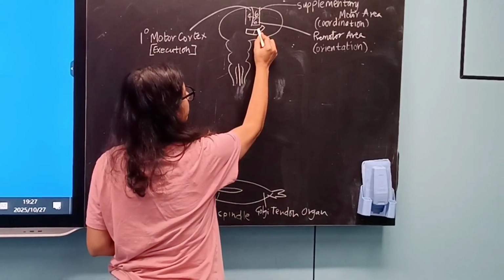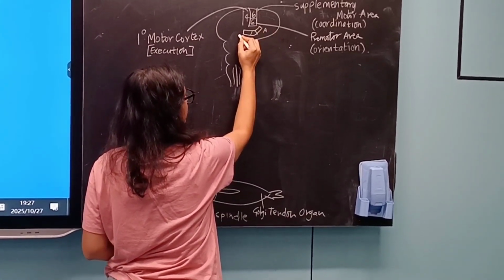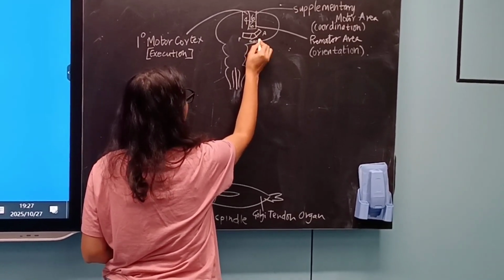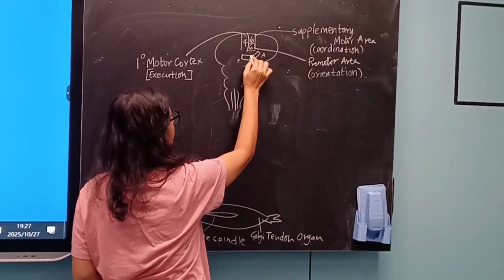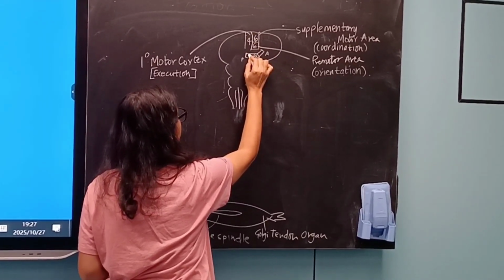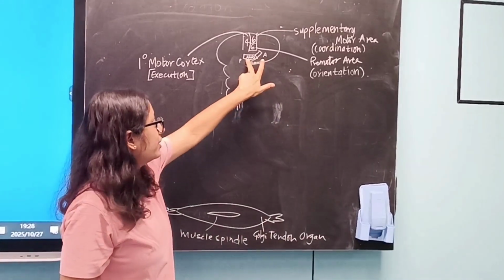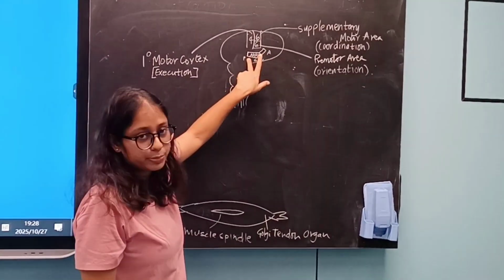Now in this internal capsule, this is the anterior part, this is the posterior part of the internal capsule, and this is the genu of the internal capsule. You can imagine that if the nerve is going to start from here, it is going to come to the posterior limb. Now I have drawn one image over here with the face at the genu and the body at the posterior limb.